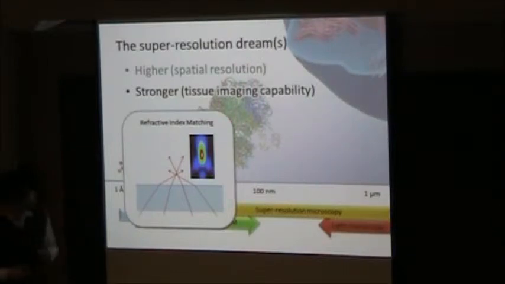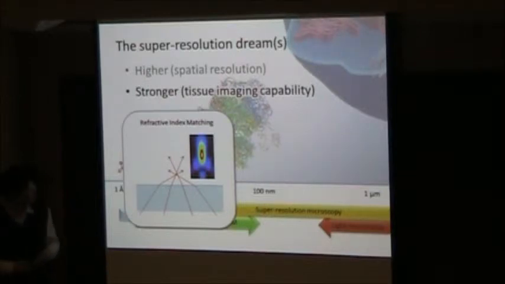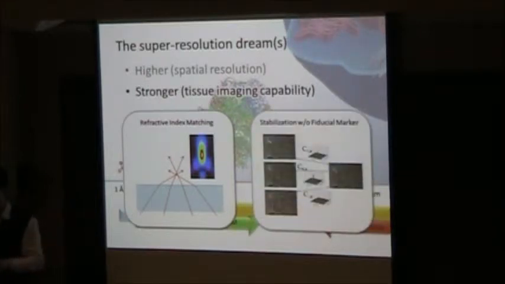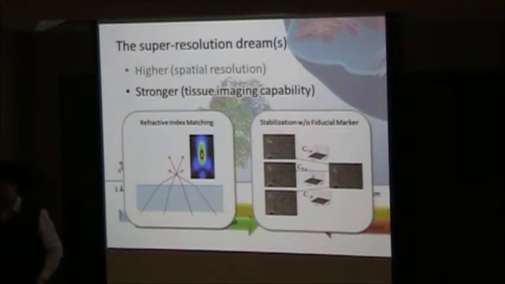And we've found buffers that can match the refractive index with glass while still making fluorophores fluoresce and photoswitch.